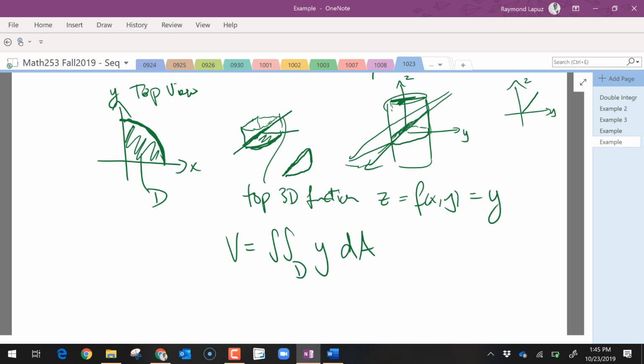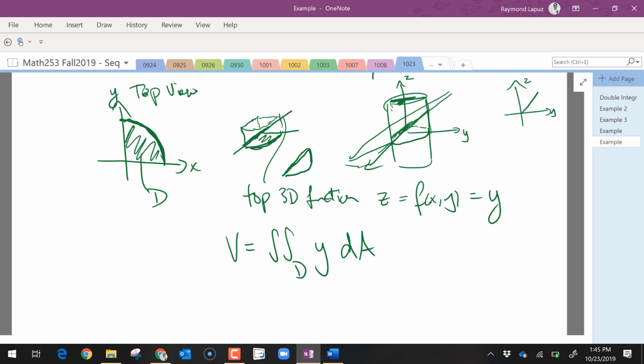What do you want to integrate with respect to first? It might matter because the y is there, so it might come in handy later. Let's integrate with respect to x first.